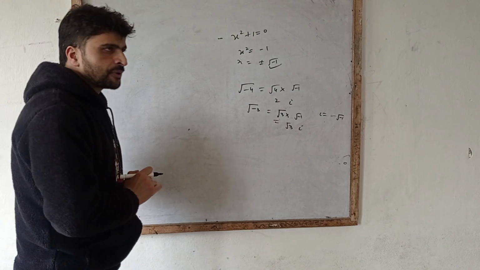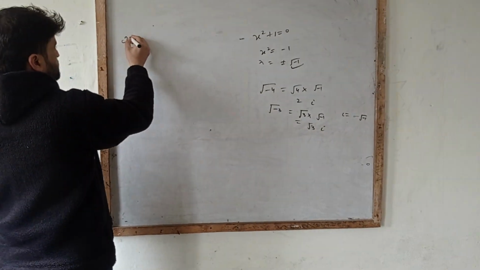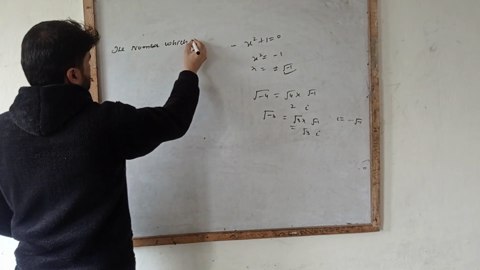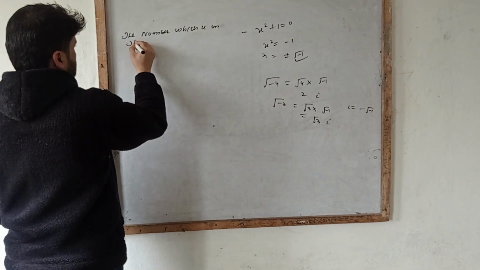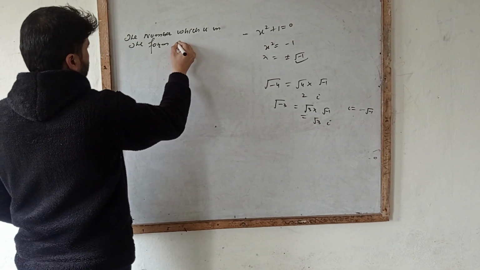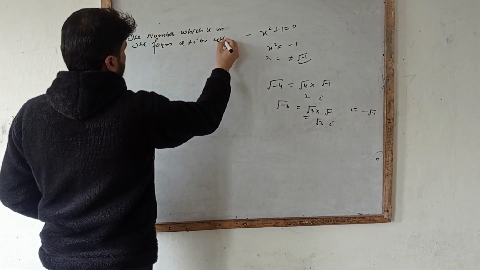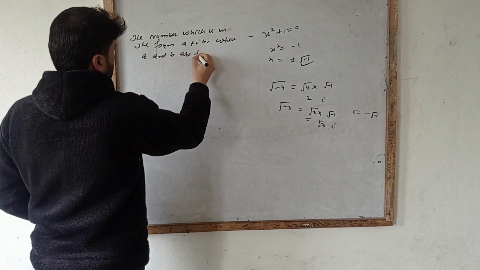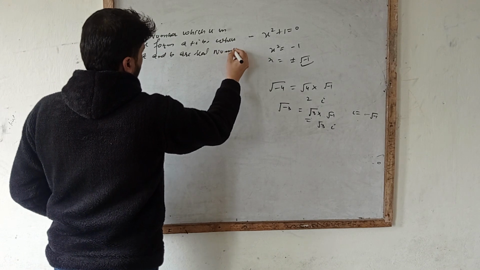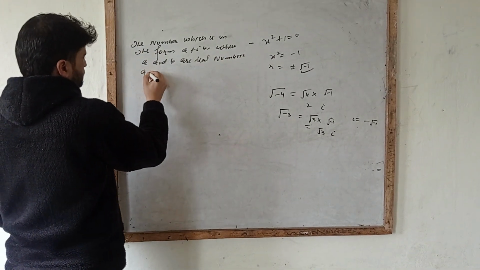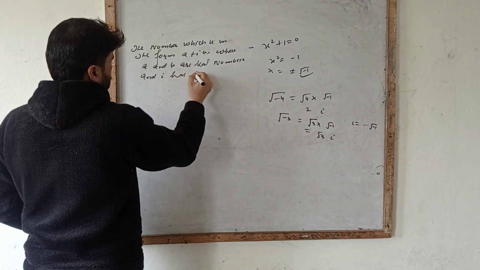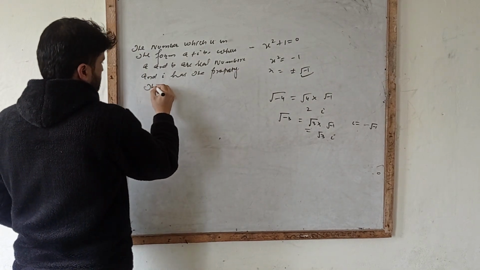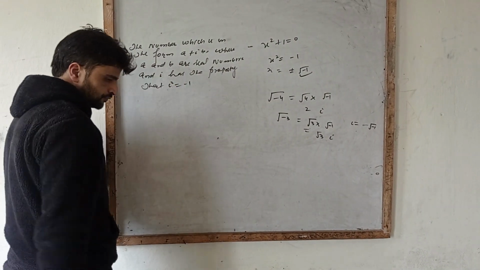So what is the definition of a complex number? Let me write it here. The number which is in the form of a plus ib, where a and b are real numbers, and i has the property that i square equals minus 1.